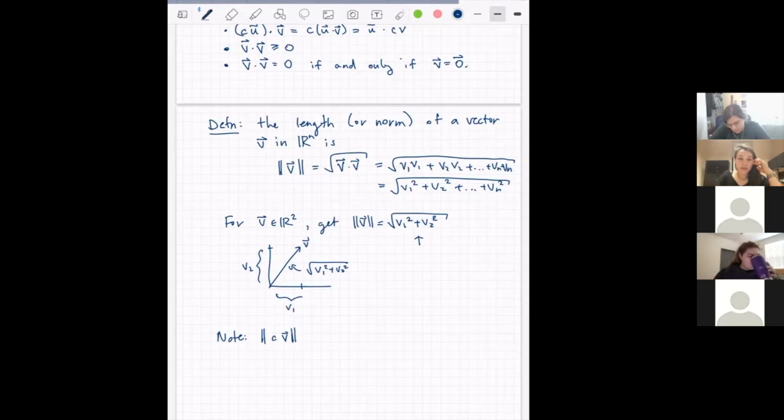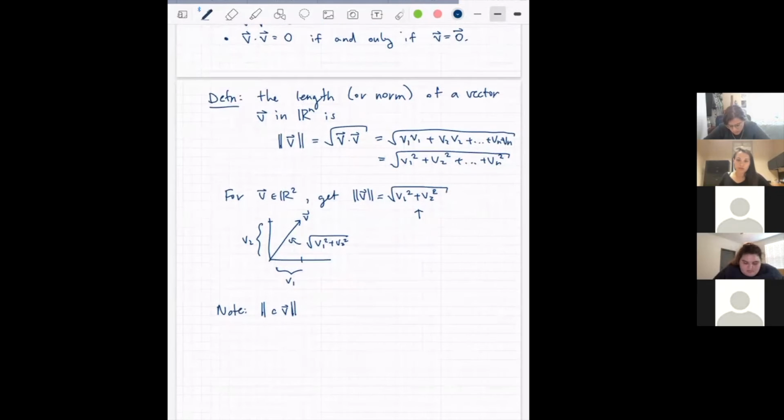This definitely cannot be negative, because we have the square root of something. It seems to be defined the same way, just a slightly different notation. Yeah, I think it would be the same thing. Okay, thanks. Cool.